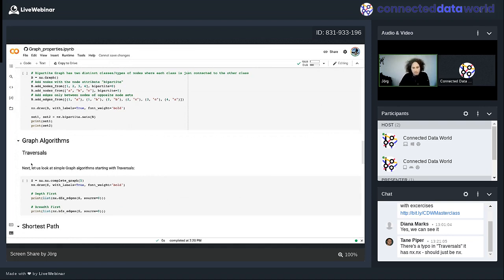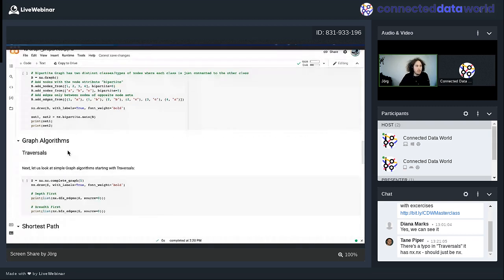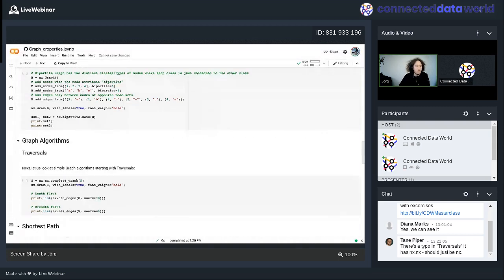Okay. So thanks for finding the typo. I already fixed it in the GitHub repo. Okay, with that, are there any other questions regarding Jupyter notebooks or creating first graphs out here?